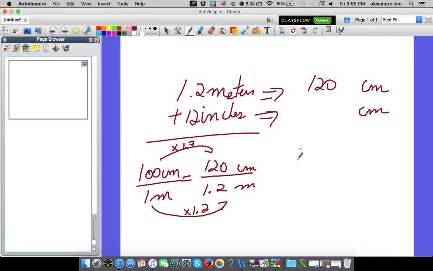Inches. What's the relationship between inches and centimeters? 1 inch equals. Okay, bear with me. 1 inch in centimeters. So 1 inch equals 2.54. Okay, so 1 inch equals 2.54 centimeters.